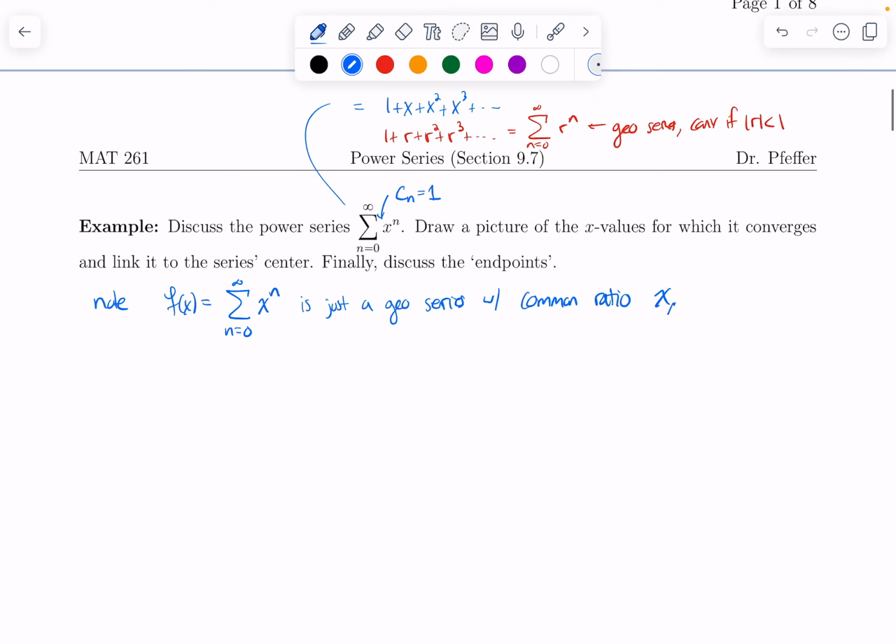In particular, this converges when the absolute value of x is less than 1 and diverges when the absolute value of x is greater than or equal to 1.